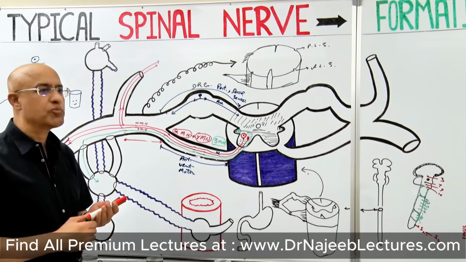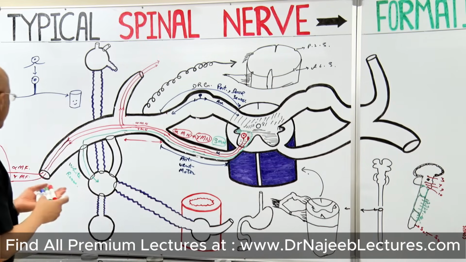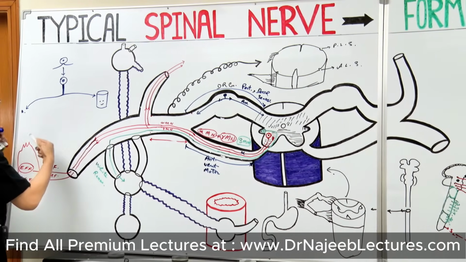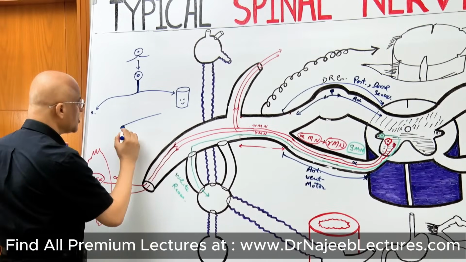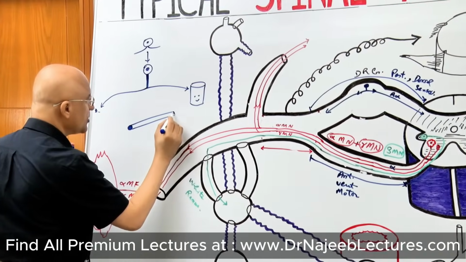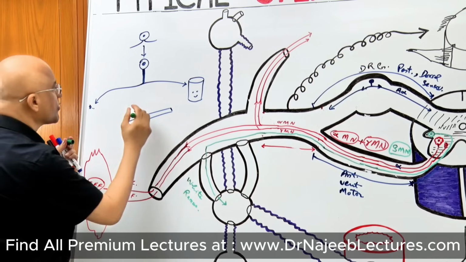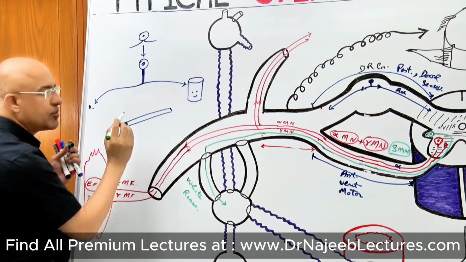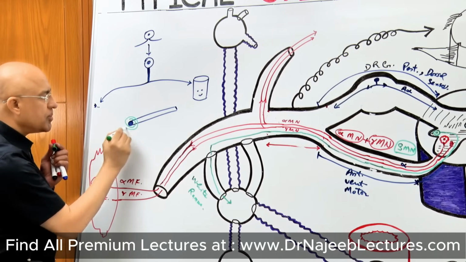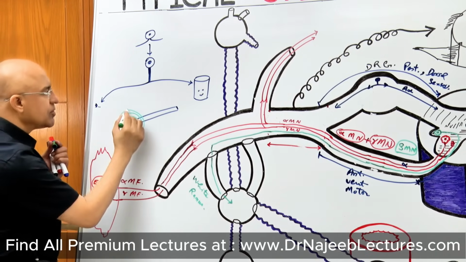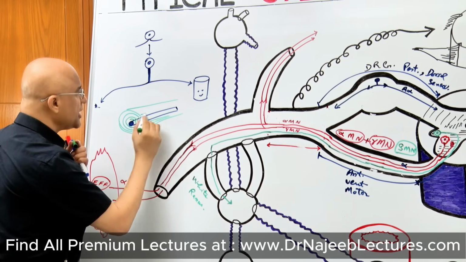Now here you should understand one thing. When I say a fiber is myelinated or not myelinated, what is the real difference? If this is a neuron, and let's suppose this green cell is a Schwann cell, the Schwann cell wraps around the axon many times.